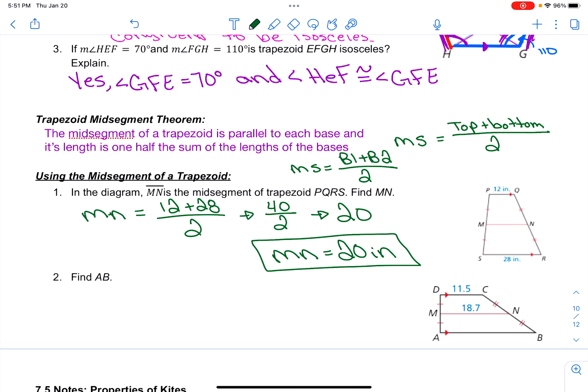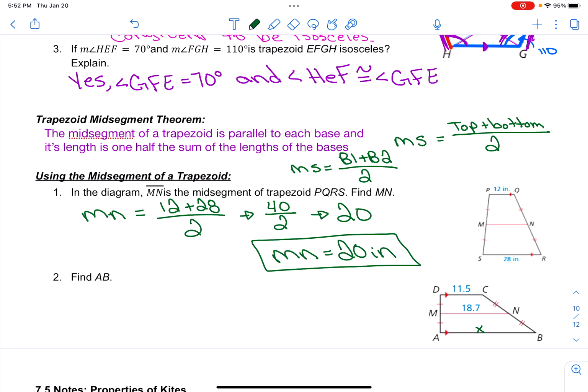So it's pretty easy when you are finding the mid-segment, but in some cases, you are given the mid-segment and you actually have to find the measure of one of your bases. So in this case, on number 2, that's exactly what we're doing. They gave us the measure of the middle, but we need to find one of our bases. So whatever base we are looking for, I just label that as X because it makes sense when we are making our equation.